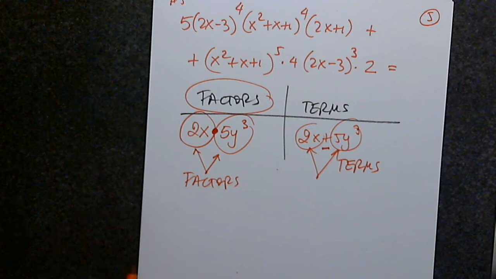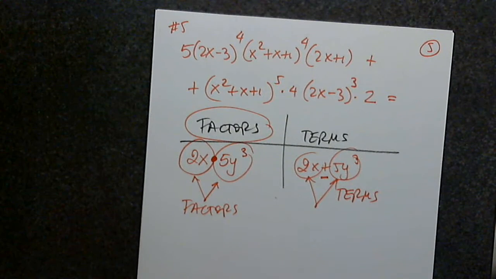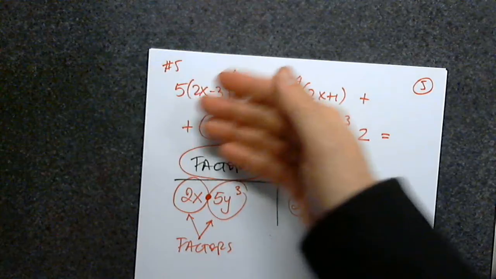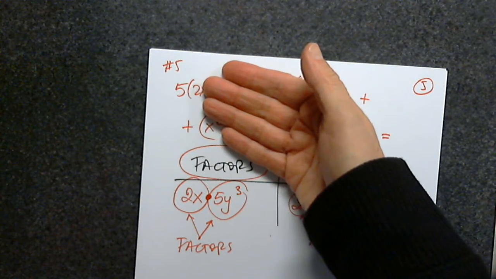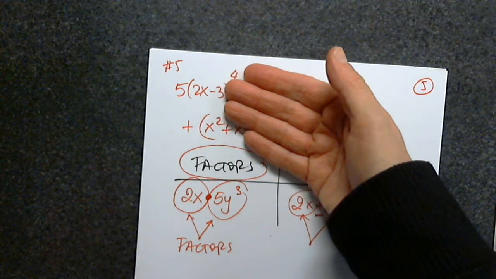Are you with me, everyone? Okay, so now let's come back to our problem. One more time, the question is, how many terms do we see? So you start from the very beginning, and you're looking for an addition symbol.